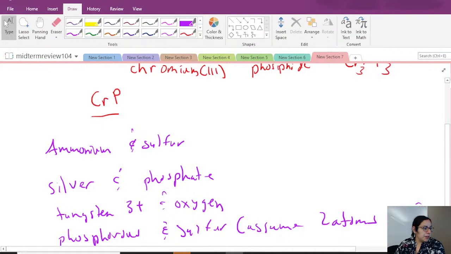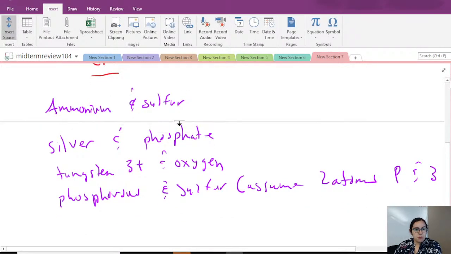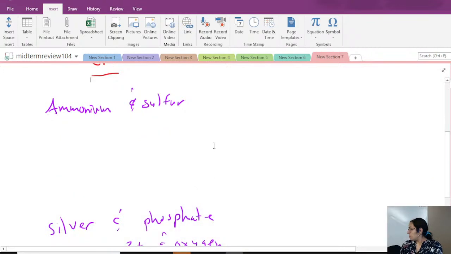What about ammonium and sulfur? If someone wants to give me the name or the formula, I'll take either one. Yep, so that looks great.